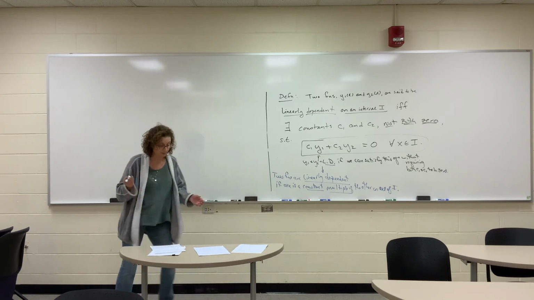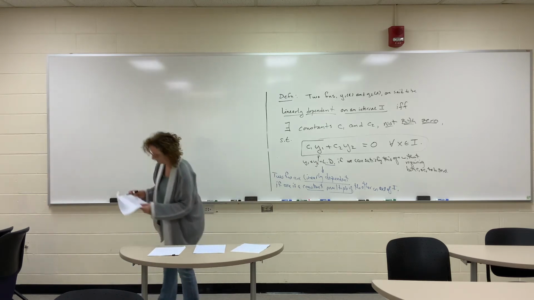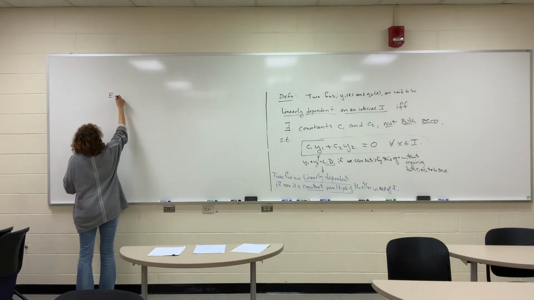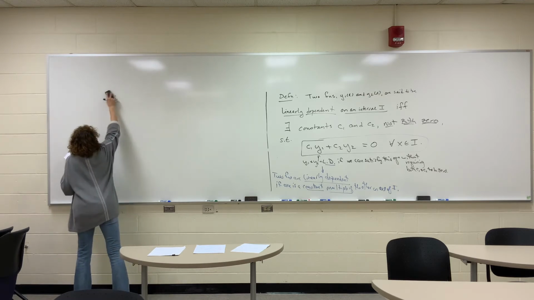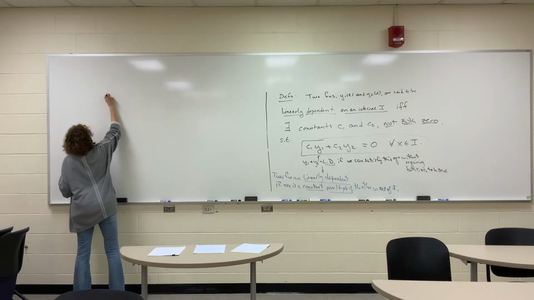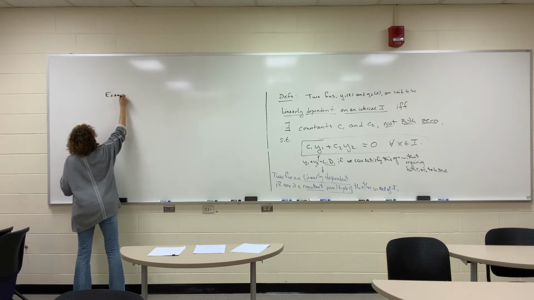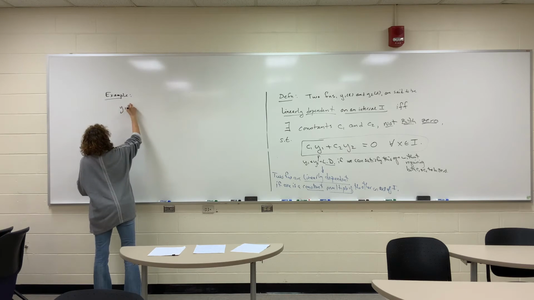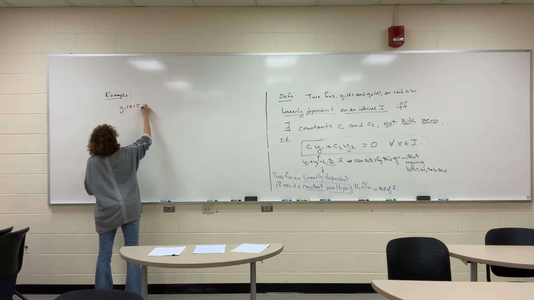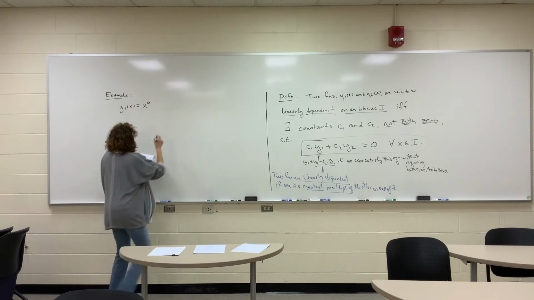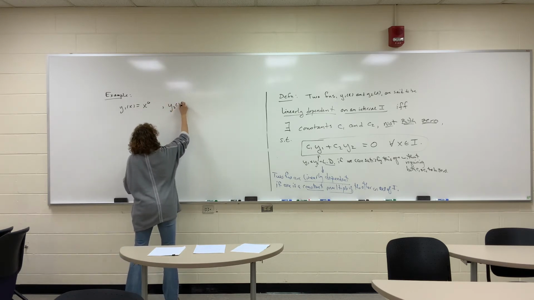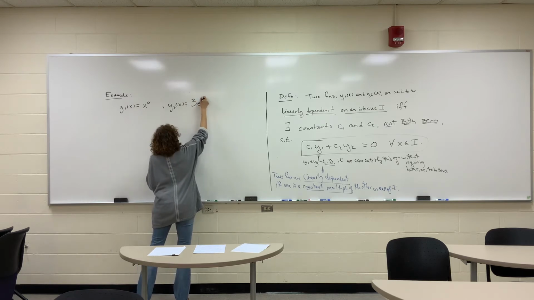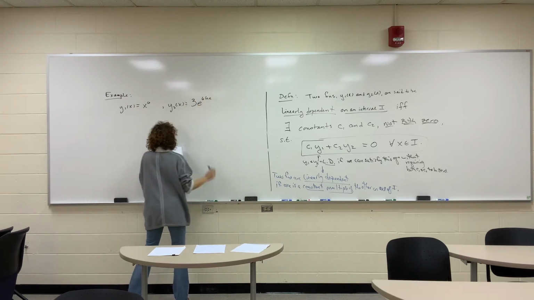Let's look at an example. Okay, y1 of x, let that be x to the 6th, okay? And y2 of x is 3 times e to the 6th natural log of x.